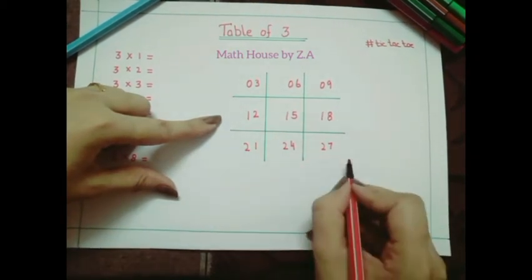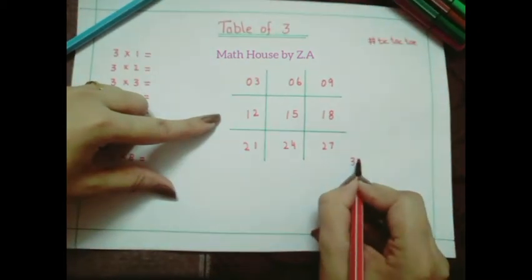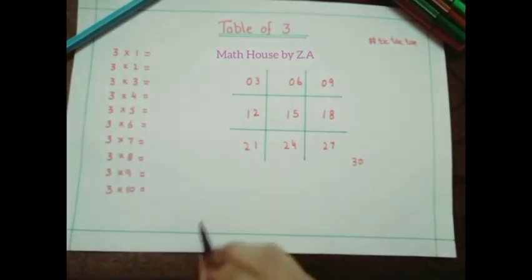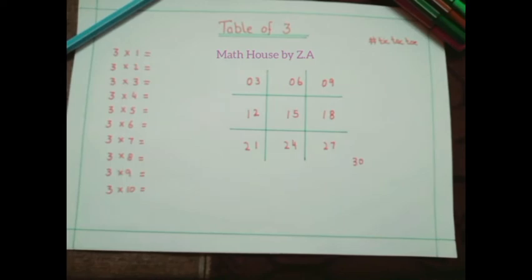So the table is completed by writing 30 here. Now we will write the table by using these numbers.